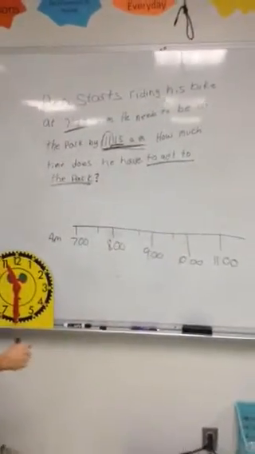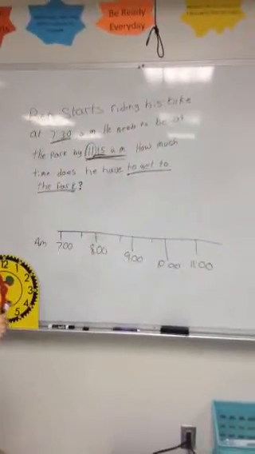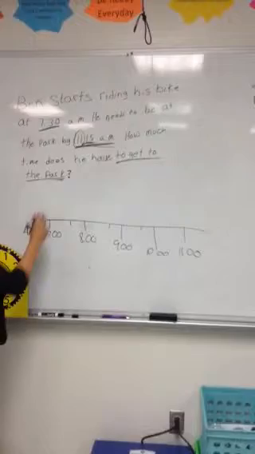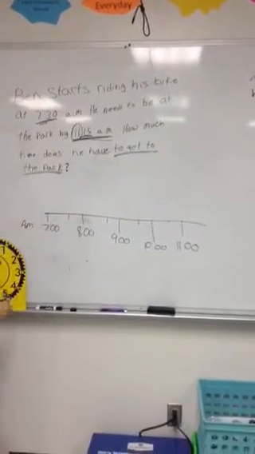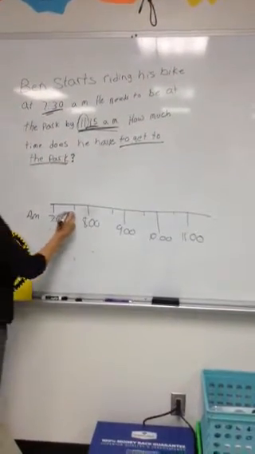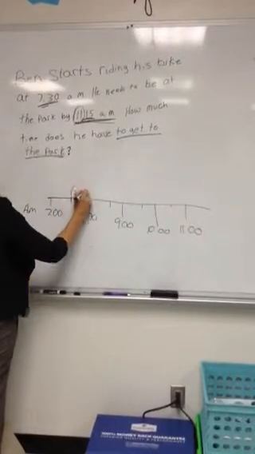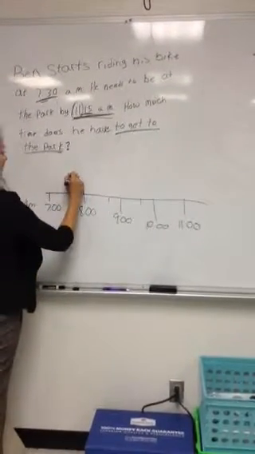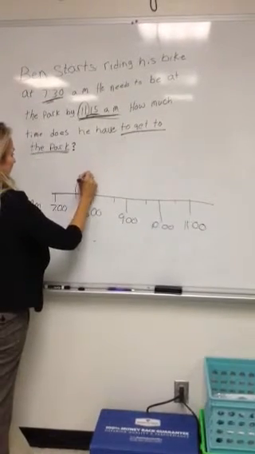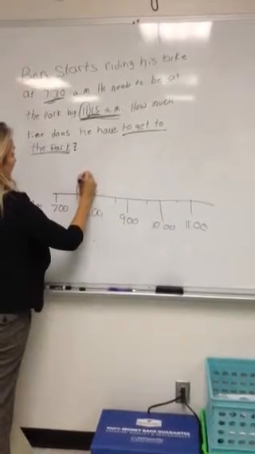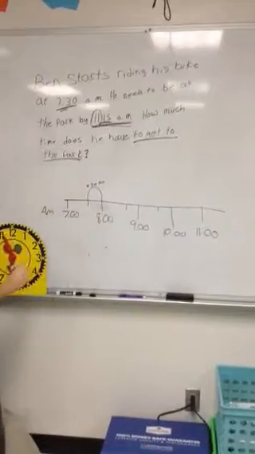Okay. So how we're going to figure out the elapsed time using a timeline is we're going to start with our start time, 7:30. So here's 7, and this would be 30 minutes to get to 8, to get to the next hour. So we're adding 30 minutes.